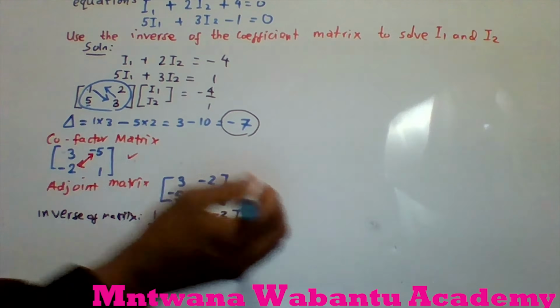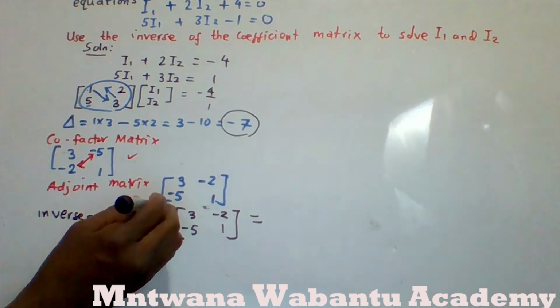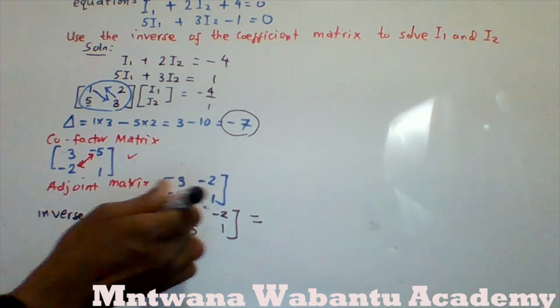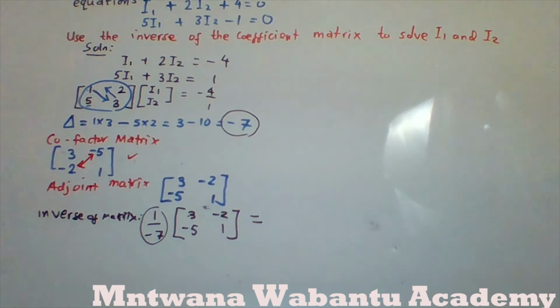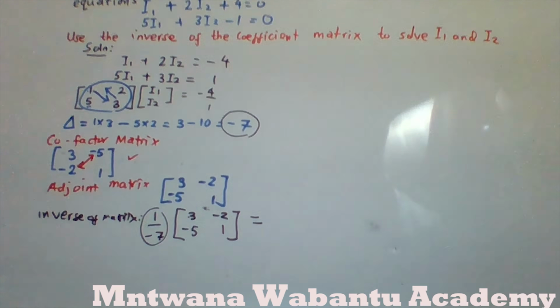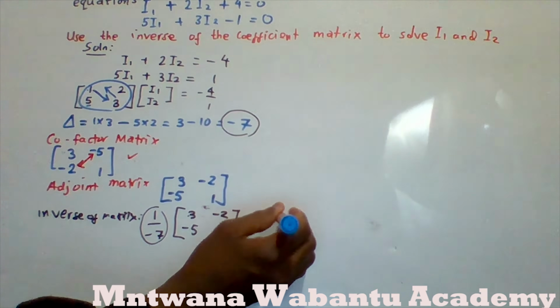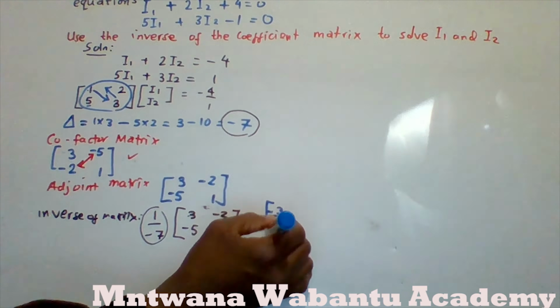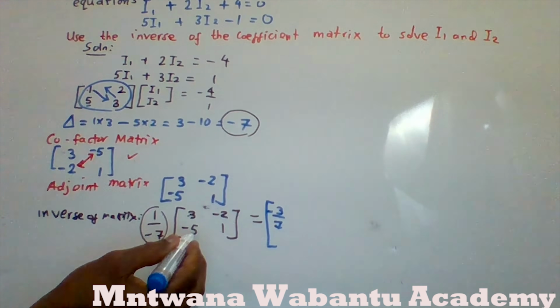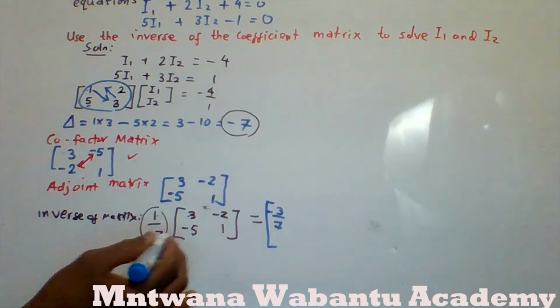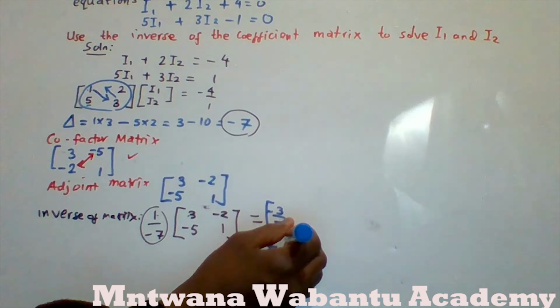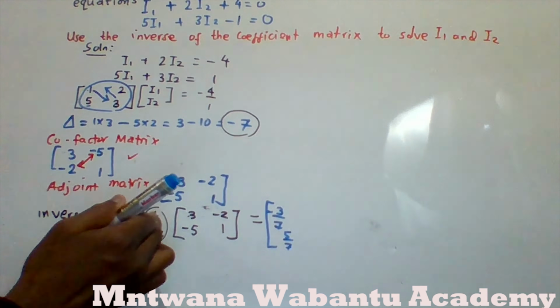Some people could have said, take this number multiplied by each individual entry. We could have done that too, or I could have said, I don't want to live like that. So I'm going to say 1 over -7 times 3 is -3 over 7. Now -1 over 7 times -5 gives me 5 over 7, because negative times negative is positive.